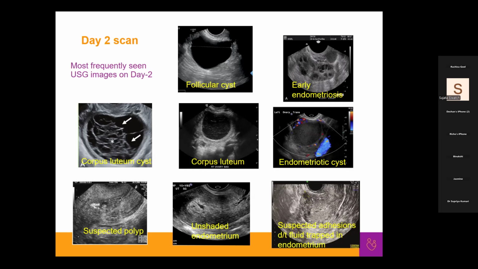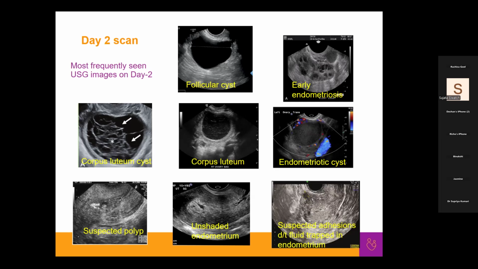These are two corpus luteum pictures, and the next one is the endometriotic cyst, and we can differentiate the look of the endometriotic cyst from the corpus luteum. The endometriotic cyst has a ground glass homogeneous opacity, very different from the corpus luteum, which shows multiple echogenicity inside it. The last three pictures are about the endometrium.